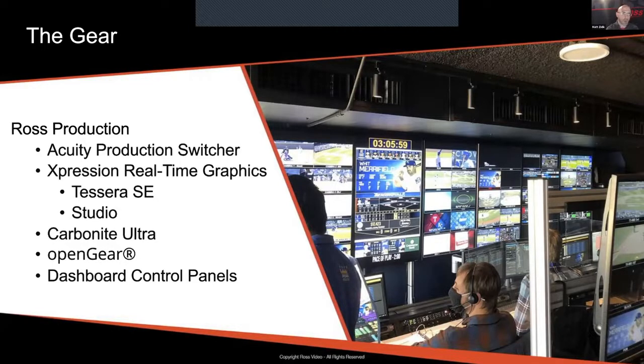There are 4 Expression Tessera single engines, 2 of which are being used to show their main display. We're using a 3rd box to do their Hall of Fame display, which was that large one in left field, which you can see here in the multi-viewer. And we are using another Tessera single engine box to feed the ribbons, the outfield wall, as well as the right field one.